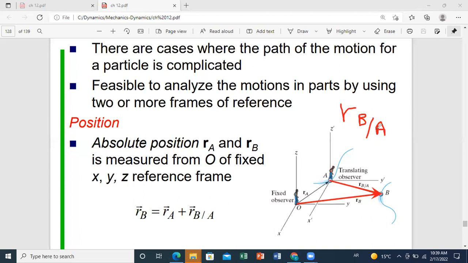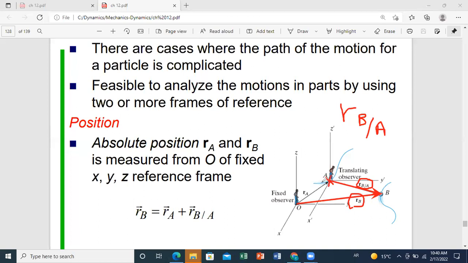If you look at your figure, you can see a triangle of vectors that allows you to relate the position of B measured in a fixed frame, the position of B measured with respect to a moving frame, and the position of origin A of the moving frame. The moving frame is attached to A, and A is moving.